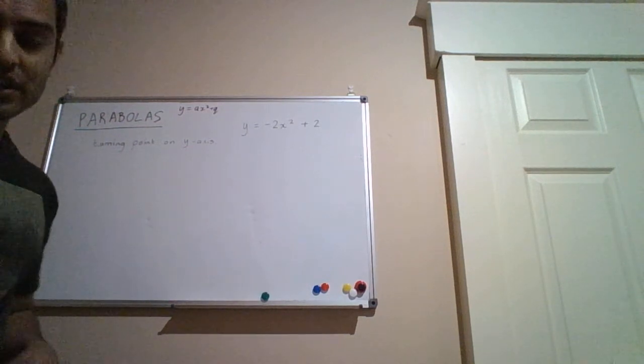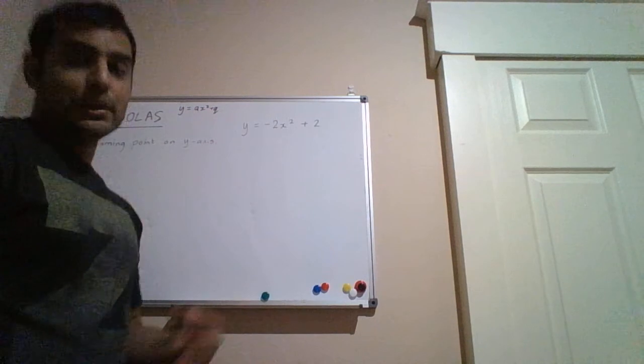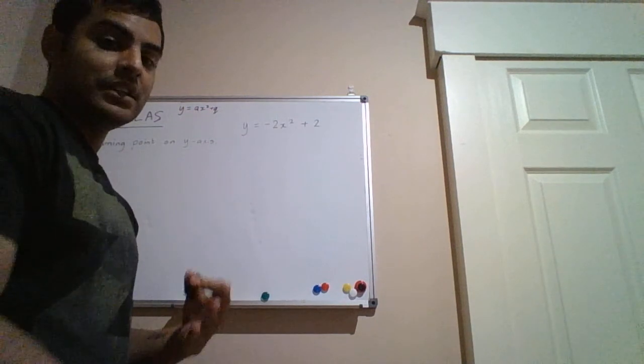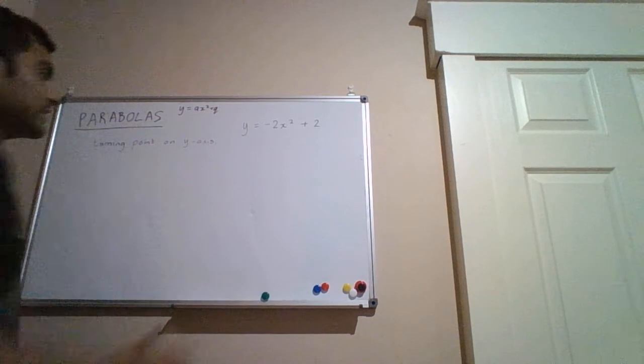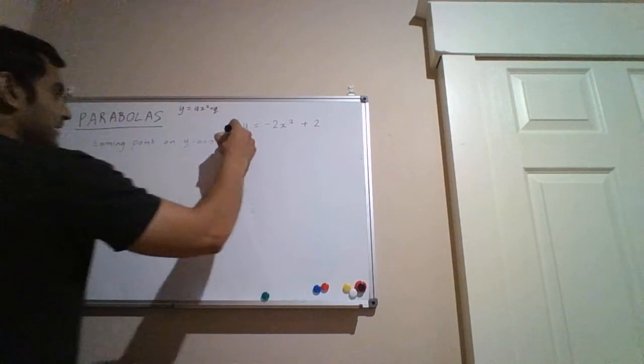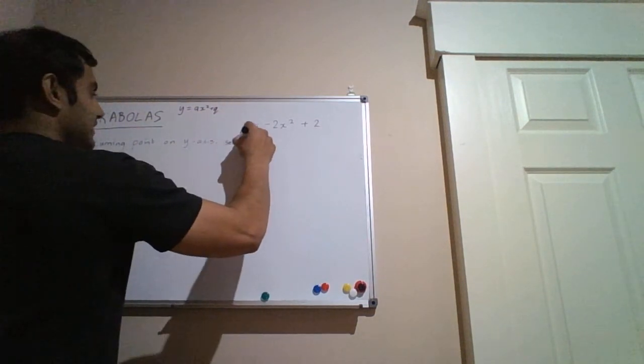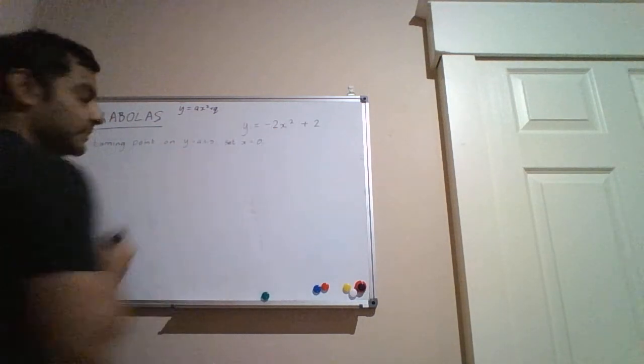So this should ring a bell from straight line graphs where we were trying to find the y-intercept. So we set x equal to 0. And here when we're trying to find the turning point on the y-axis, we similarly set x equal to 0.